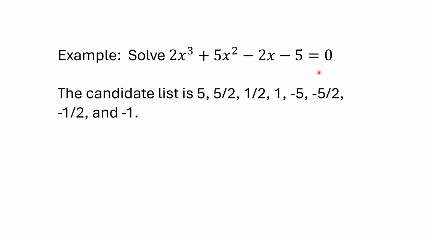The candidate list comes from the 5, 5 over 1, 5 over 2, 1 over 2, 1 over 1, and the negative versions. We have, in this case, 8 candidates.